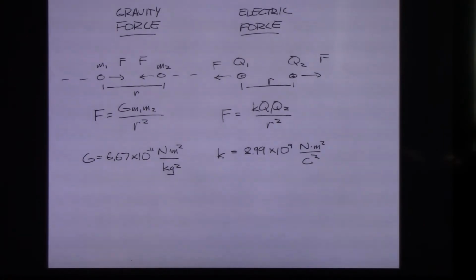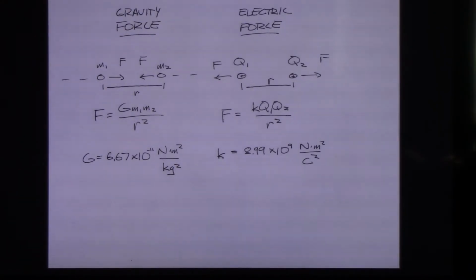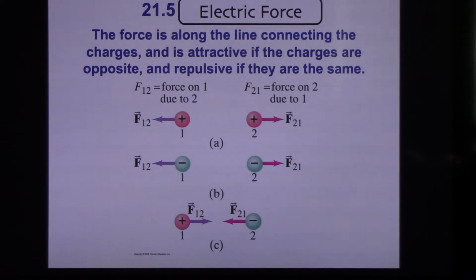Positive and negative charges, protons and electrons, tend to find each other and form stable, neutral atoms and molecules, and then they really don't rearrange themselves unless we run a chemical reaction or something. So these really large forces are on a tiny scale holding all the atoms and molecules together. All right, so a comparison of the forces and what's going on.